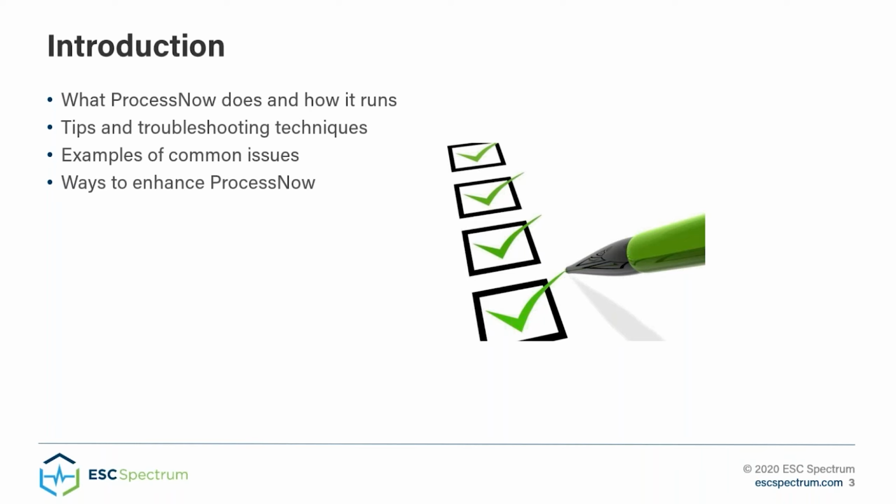With my daily interactions with customers, there are some things that I continue to see, and I feel like they're the important issues that we should discuss, because it seems like it's things that people continue to struggle with. And then at the end, we're going to talk about some different ways to maybe enhance ProcessNow and ProcessNow sequences that you may already have configured.